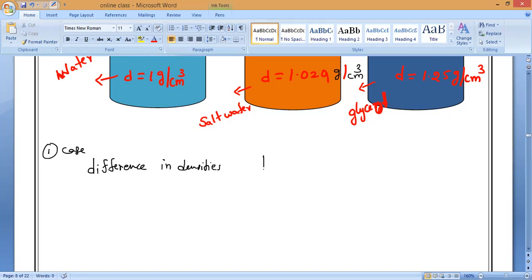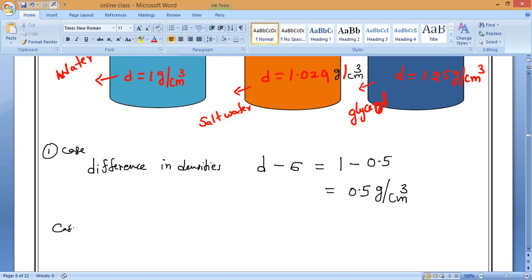Density of liquid minus density of object equals 1 minus 0.5, which equals how much, guys? 0.5 gram per cubic centimeter. Is it right or wrong?